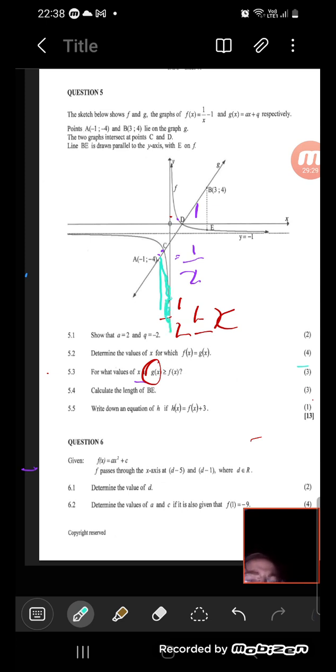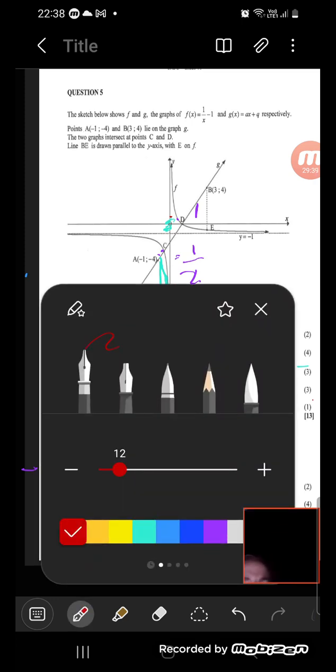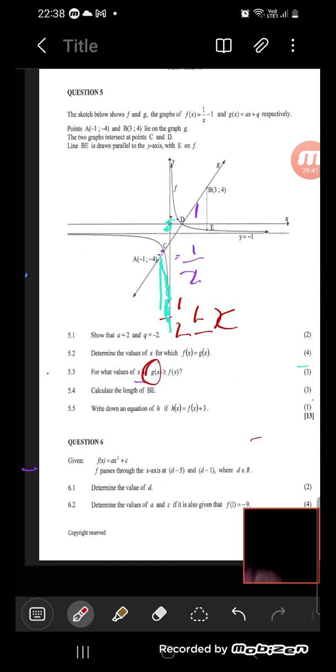Infinitely close, so it goes infinitely close to 0 where x is 0. Okay, so minus a half is smaller or equal to x, which is smaller, not equal to 0, because it goes infinitely close, but it doesn't touch that y-axis where x is 0.